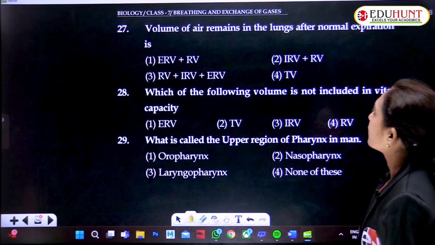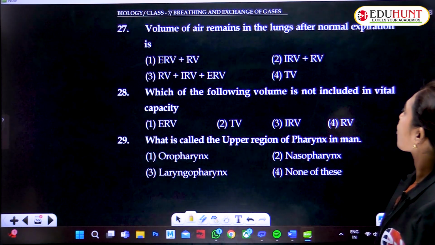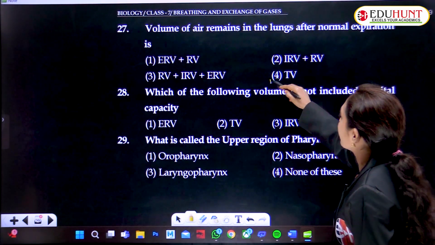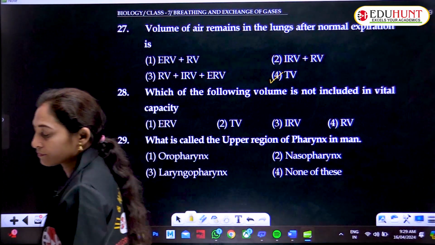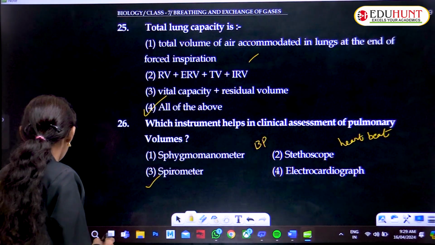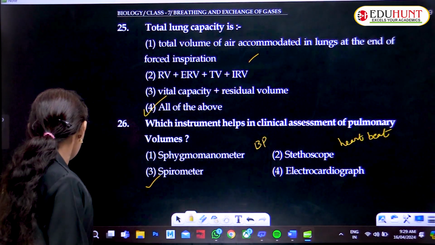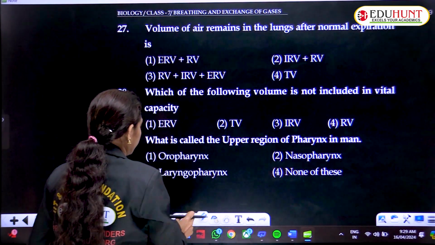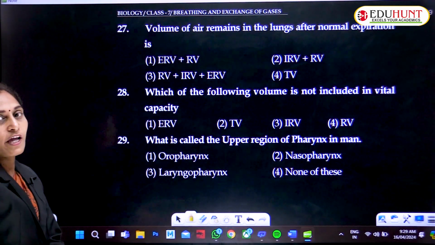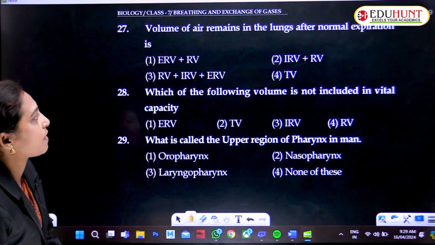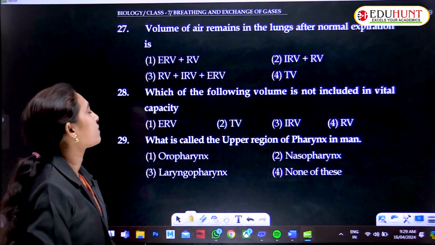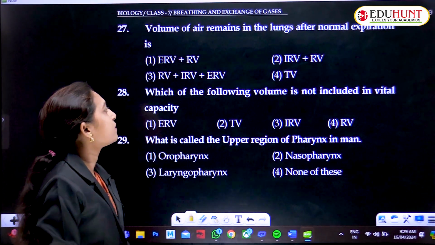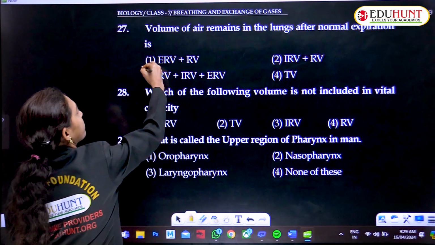Volume of air that remains in the lungs after normal expiration is expiratory reserve volume and residual volume.